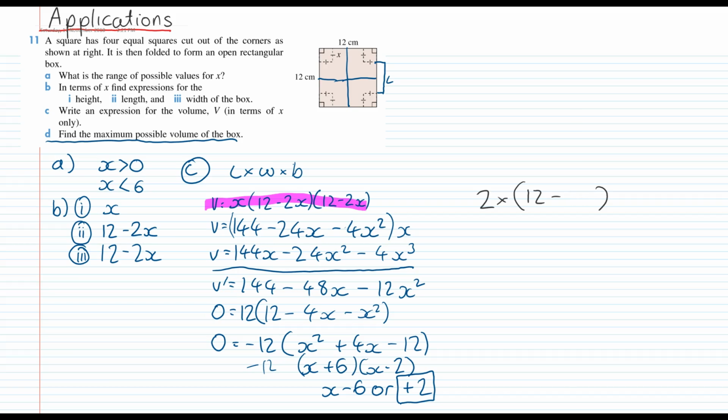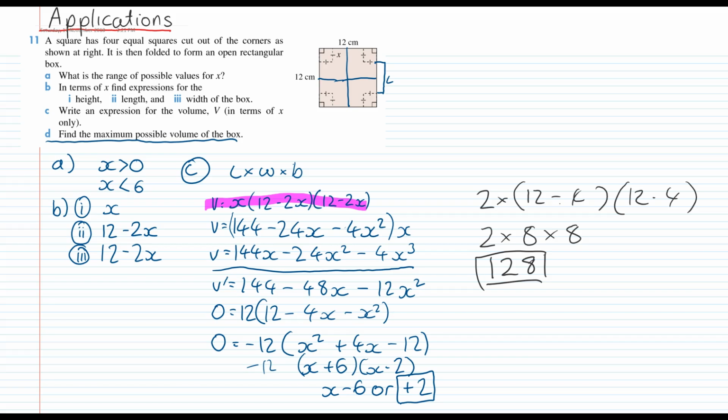Sorry, 2 times 2 is 4. So 12 minus 4 is 8. So it's 2 times 8 times 8. Eight by 8 is 64. Double it and you get 128.